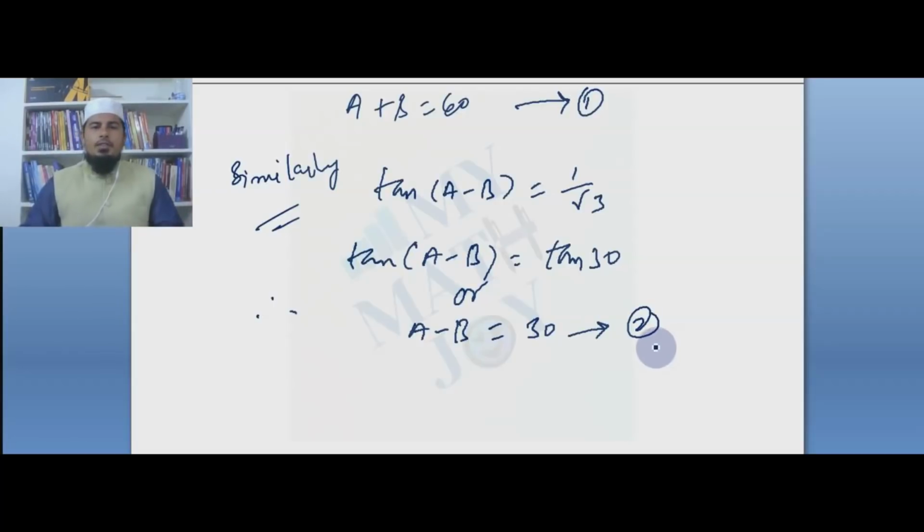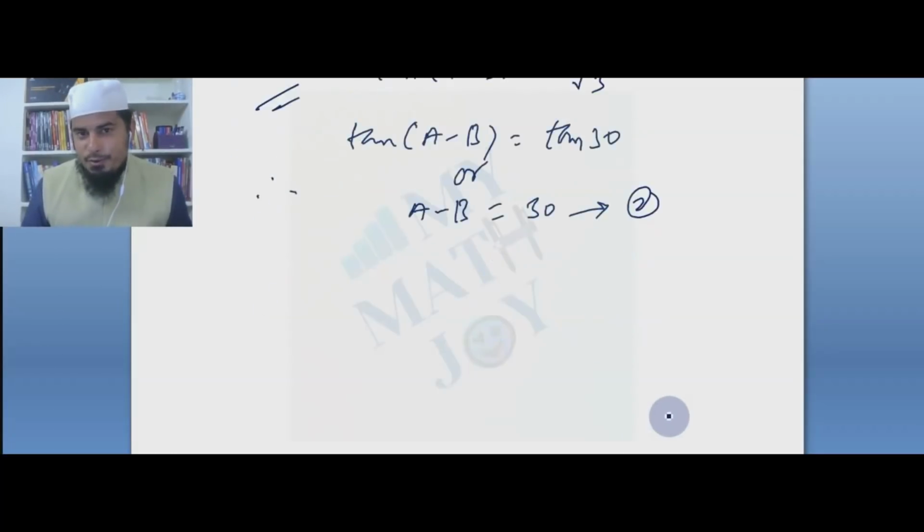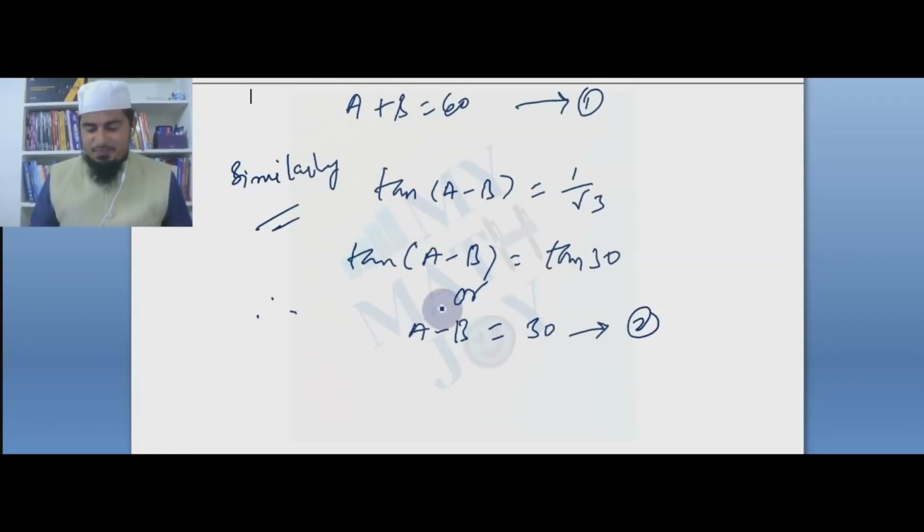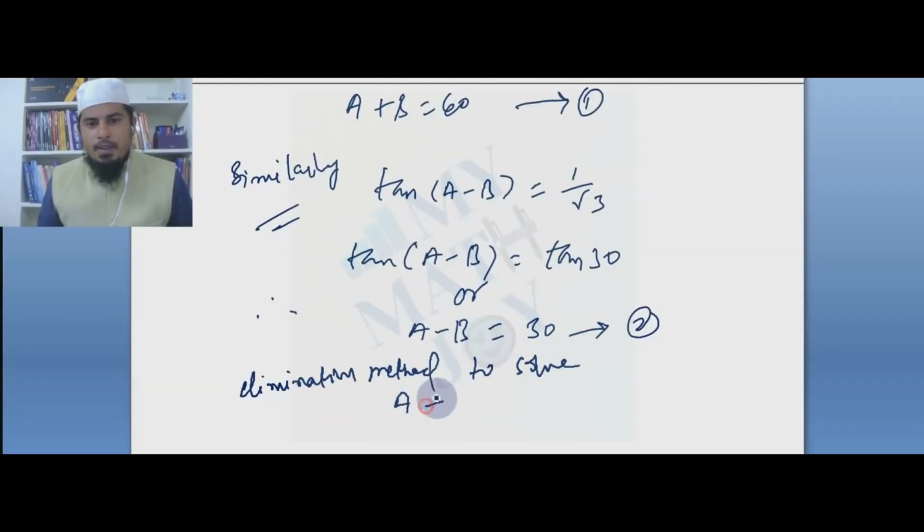So two variables are there and two equations are there, and we have already discussed pair of linear equations in two variables. These two equations are to be solved with the help of pair of linear equations in two variables, and moreover, these equations are ready-made for elimination. So let us solve by the elimination method. a plus b is equal to 60, a minus b is equal to 30.